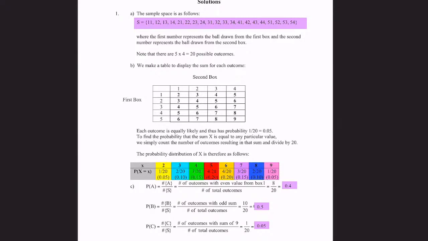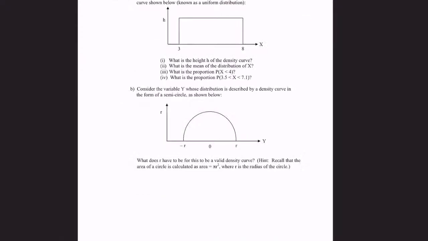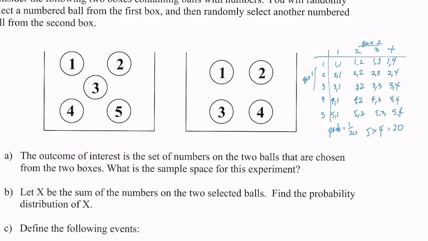And they just write them as 1,1; 1,2; 1,3, like that. Okay. So that's it. Those are the possible outcomes. So this would be satisfactory for me. Yes, 20 different combinations.